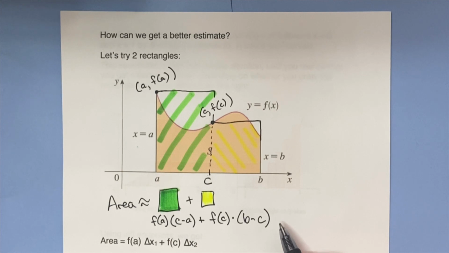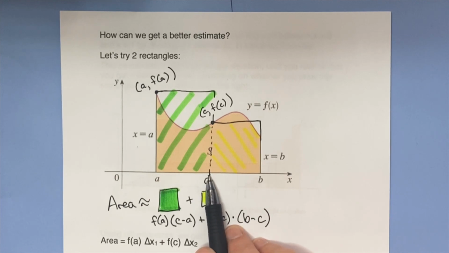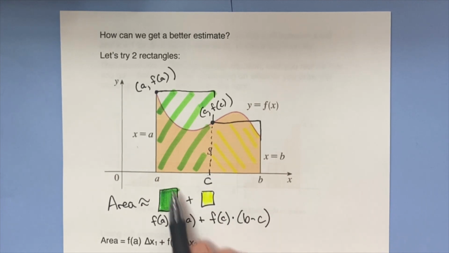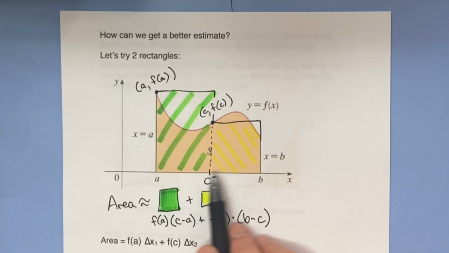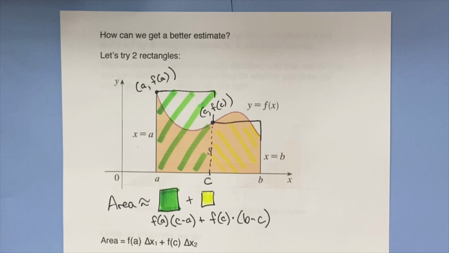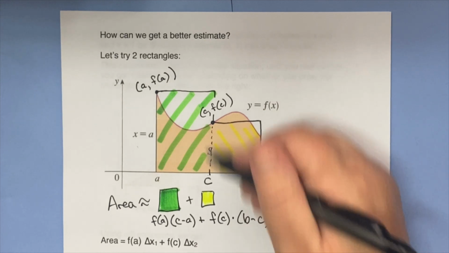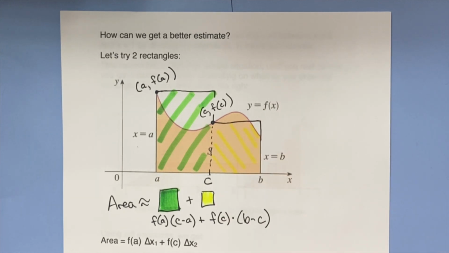But then we're going to say a couple of things. We're going to say, if I pick C carefully, then I can choose it so that the distance from A to C and the distance from C to B is equal, right? I could pick C right in the middle. So that would be an interesting way to go.